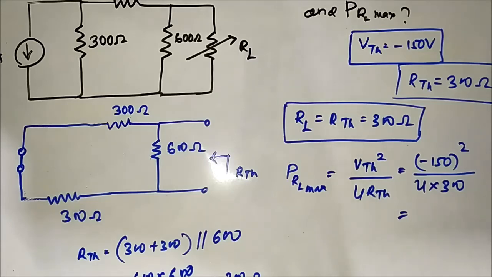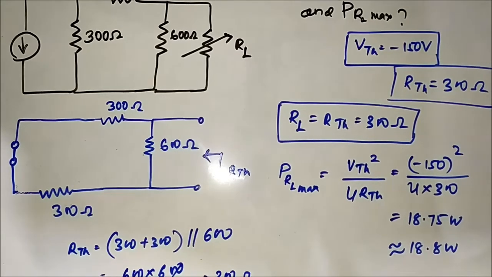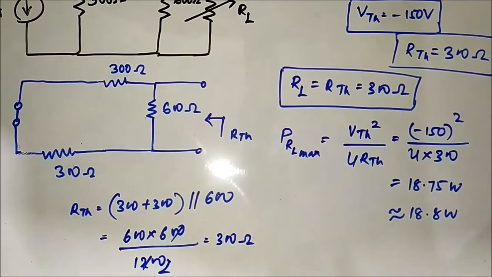So it is coming around 18.75, or we can write it as 18.8 watts, or 18.75 it is coming. We'll round it off, 18.75 watts, or nearly equal to 18.8 watt. Okay, so this is the maximum power that will be transferred to the load.